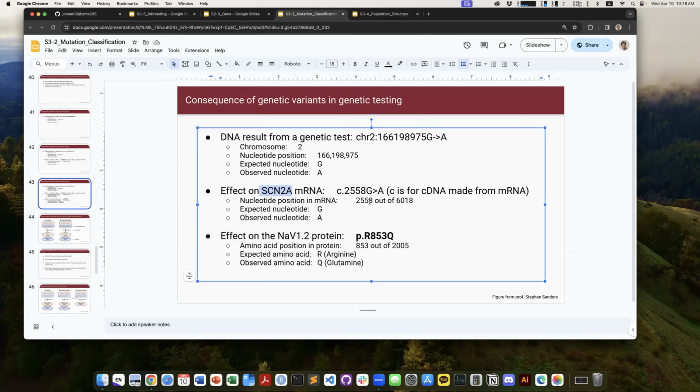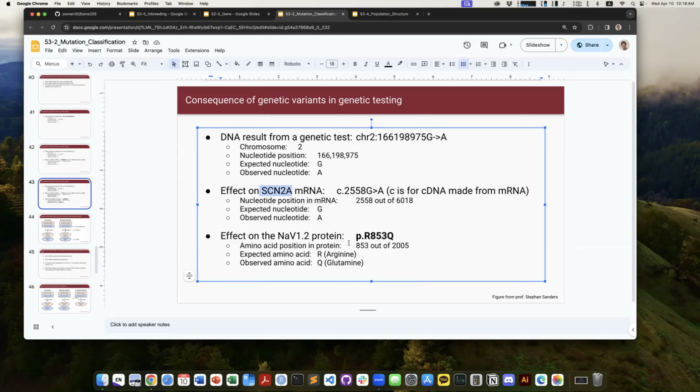The mutation is not 2,500 long; this is the position in the mRNA transcript. And again, G changed to A, which is the same as here. We are talking about the same mutation, so you need to remember that: the same mutation on the DNA scale and the RNA scale.